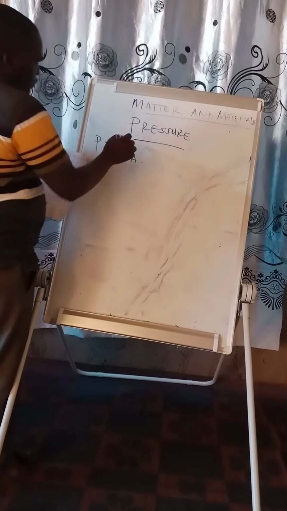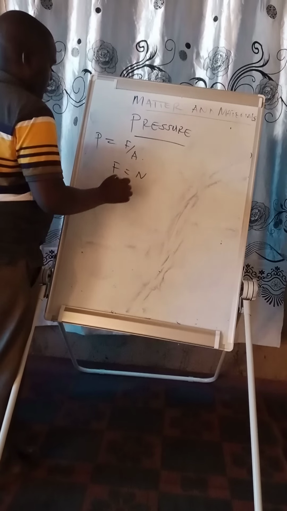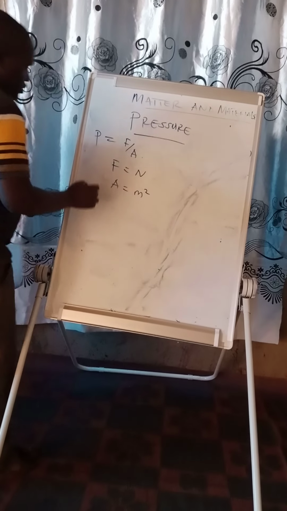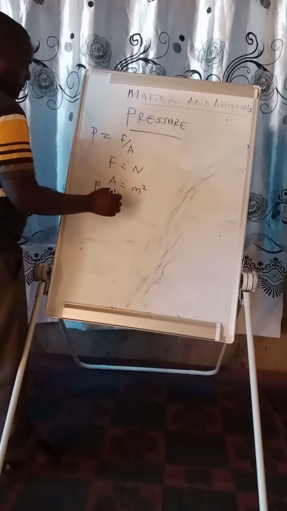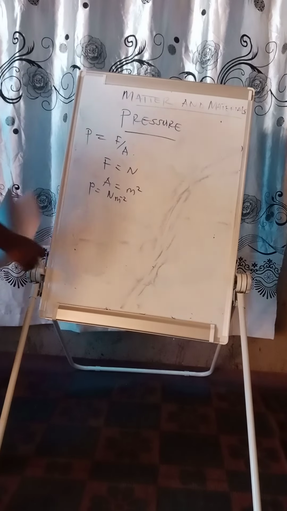Where force is measured in Newton and area is measured in meter square. So pressure is given by Newton per meter square.